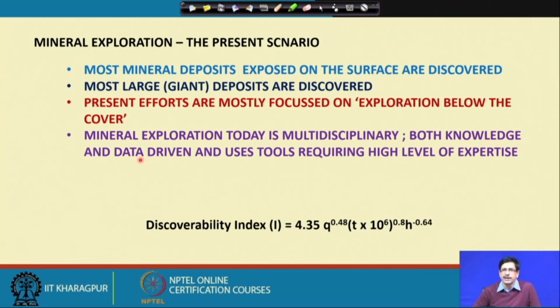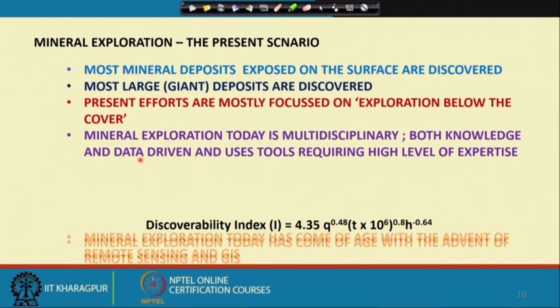Essentially mineral exploration has become much more computerized, although in this particular lecture series we will not be able to touch on them much, but can see certain important aspects.